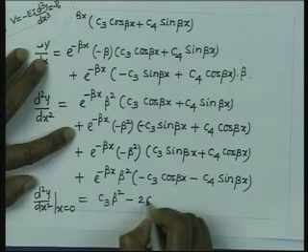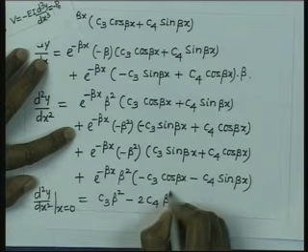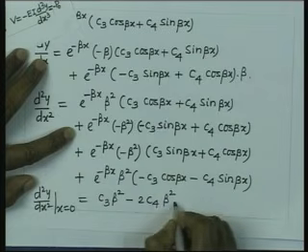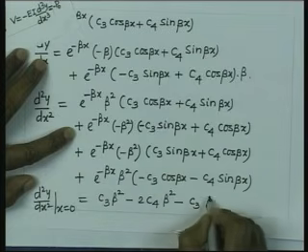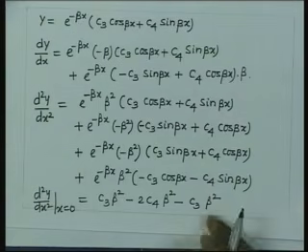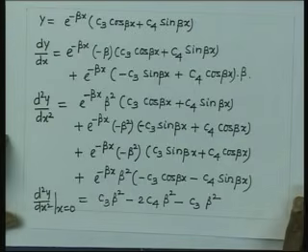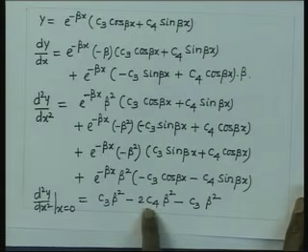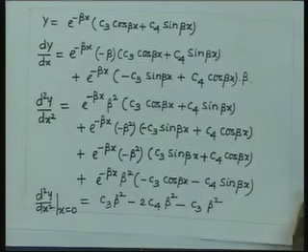So, therefore, it is twice C4 beta square, and here it is minus C3 beta square. So, C3 cancels out, and therefore, we can now have only minus 2 C4 beta square.